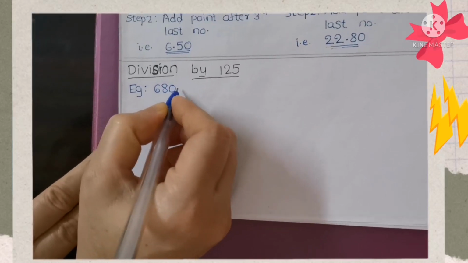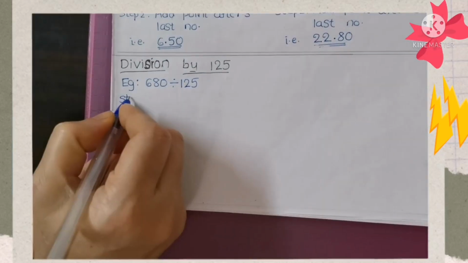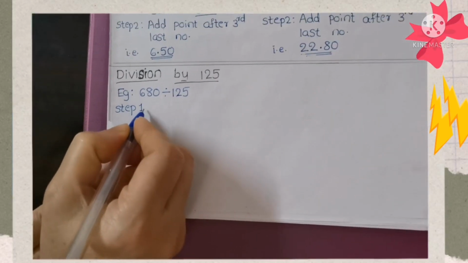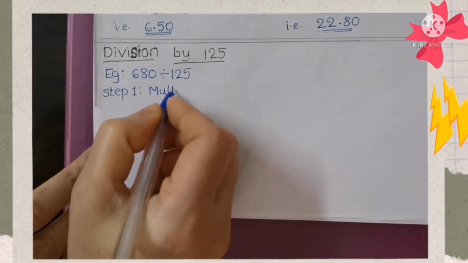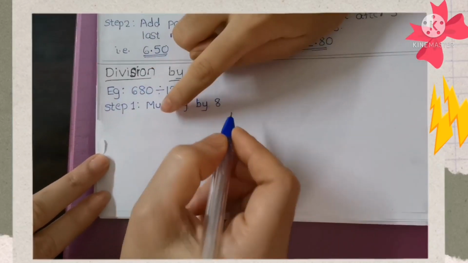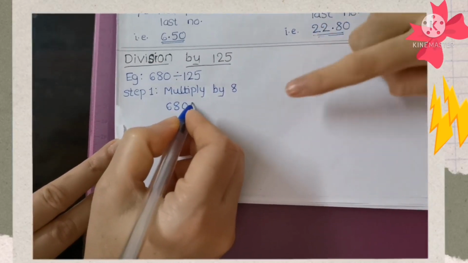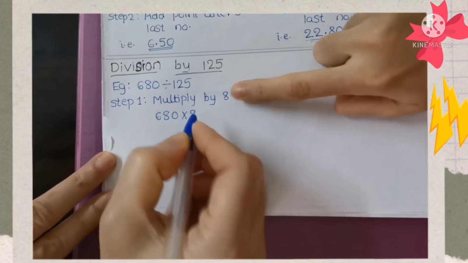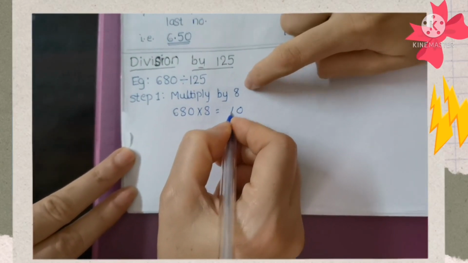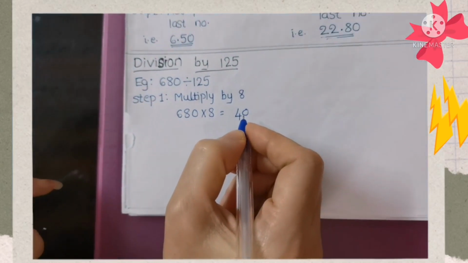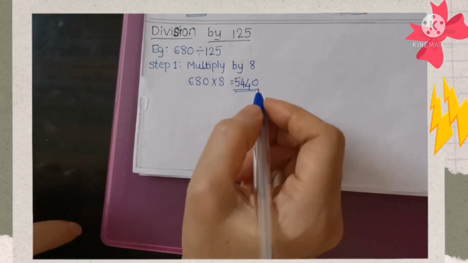So in our first step, we will see that the number 680, we have to multiply it with 8. I repeat, 680, we have to multiply this number by 8. So multiplying this 680 with 8, we get the answer as 5440.